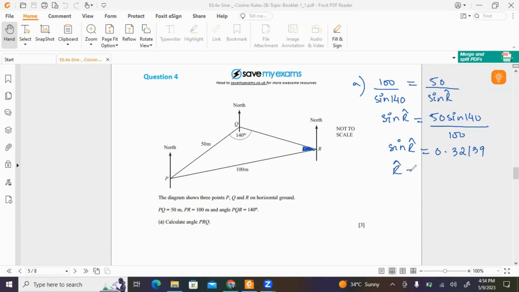And then we take sine inverse of this. That gives you 18.75, which can be rounded to 19.